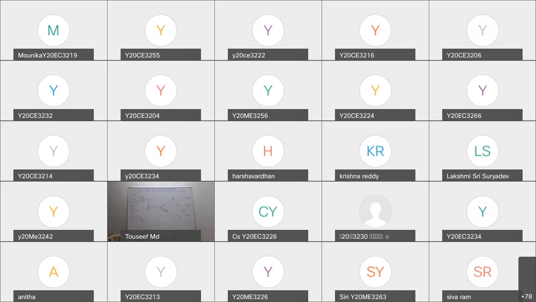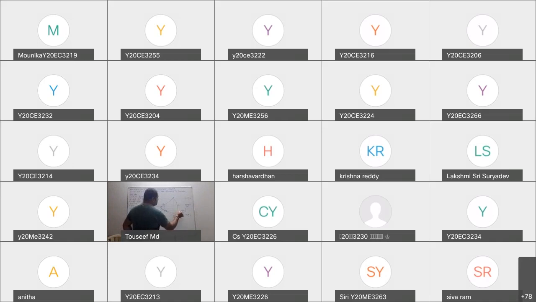Now I consider my A as center, AB as radius. Why? Because I already have my point A dash and A. So I just consider my A as center, AB as radius, and draw an arc.